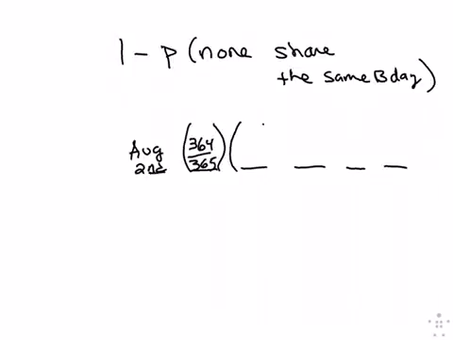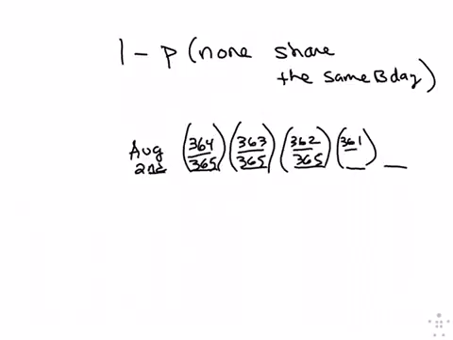And then what's the probability that the person sitting next to them doesn't have either one of their birthdays? Well, hopefully you're thinking 363 out of 365. And the person next to them doesn't have any of their birthdays. And now you're starting to notice something. The person next to them, and so on and so forth.